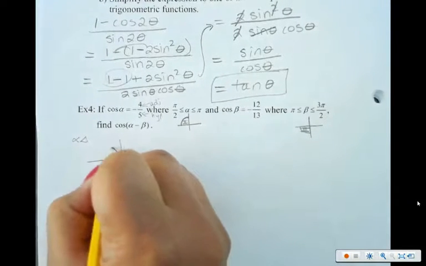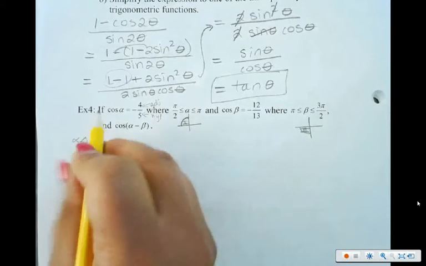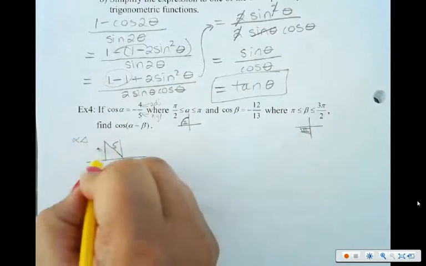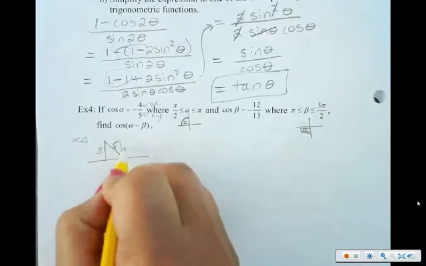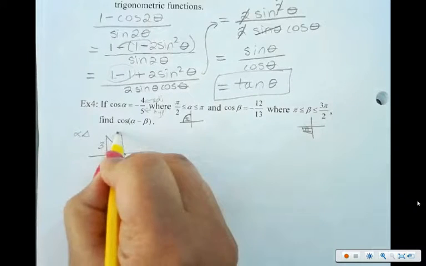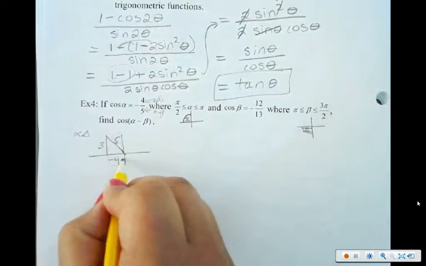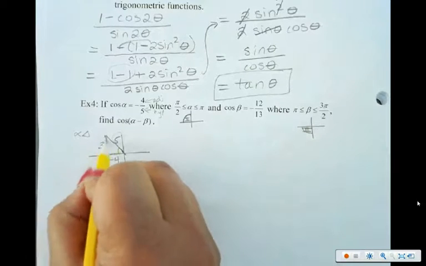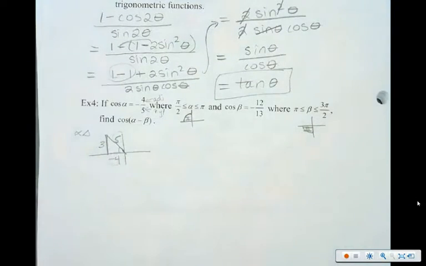It's in the second quadrant. I've got 5 as my hypotenuse, and it's going to be a 3, 4, 5 triangle. My -4 is my adjacent, and this is my hypotenuse. This is my 3, 4, 5 triangle, so I know that's going to be 3.